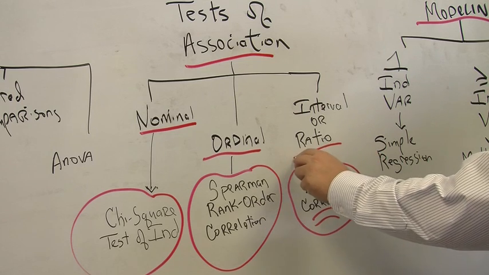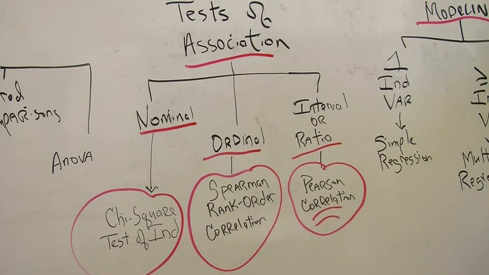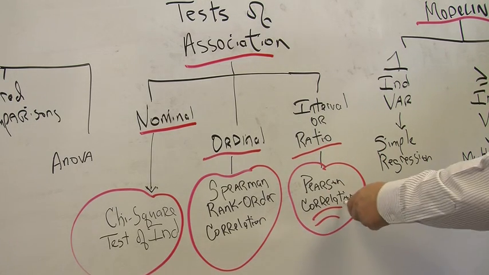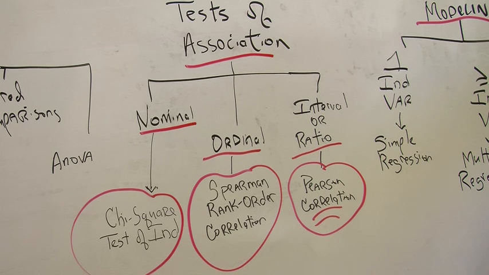If our data are scaled interval or ratio, then we'll do the Pearson correlation coefficient. Hopefully now this begins to reinforce why I think it's so important for you to understand that little table from earlier in the semester that shows descriptive statistics organized by how data are scaled.